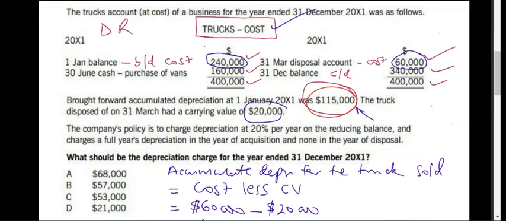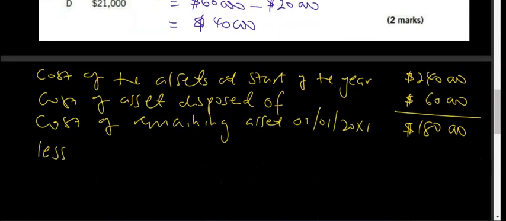Since we have deducted those assets, the 60,000, from the cost, the 180,000 only shows the cost of the assets remaining. So even in the accumulated depreciation figure, we need to deduct the accumulated depreciation for the assets which have been disposed of.